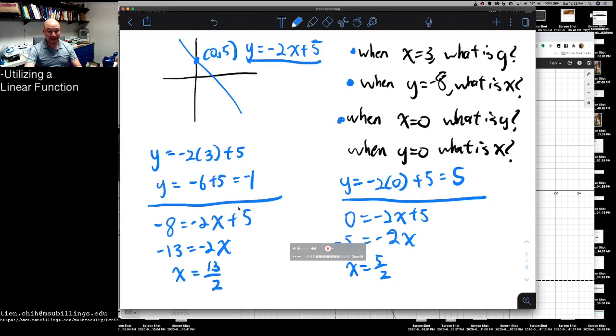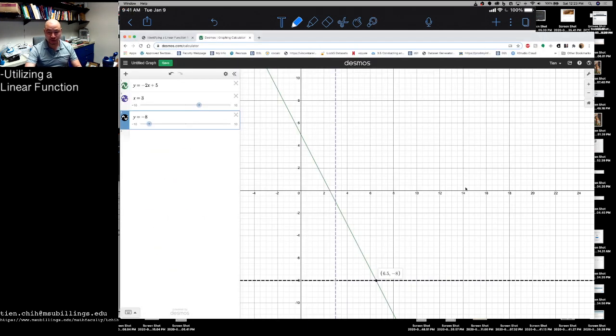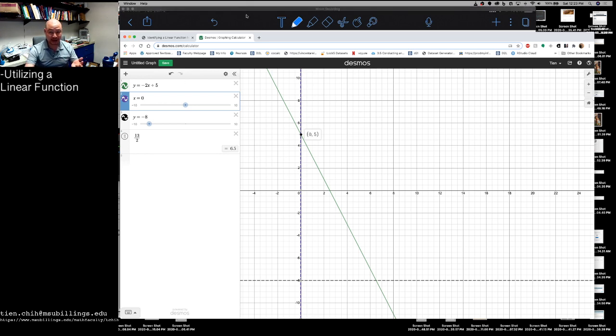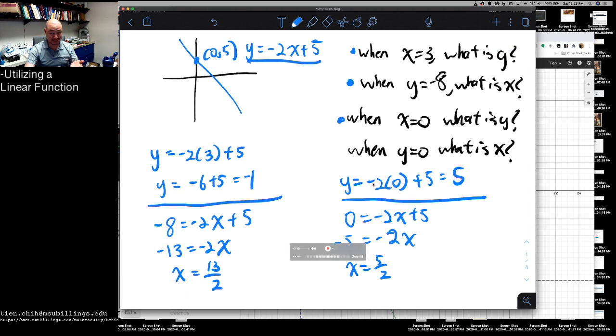Now, what we had said before is that it's 13 over 2, and what shouldn't surprise us then is that 13 over 2 is, in fact, 6.5. Great. So, let's go back and take a look at our other scenarios. We also asked, what happens when x is 0? Well, when x is 0, y is 5, which is the intercept, which is consistent with what we said here.